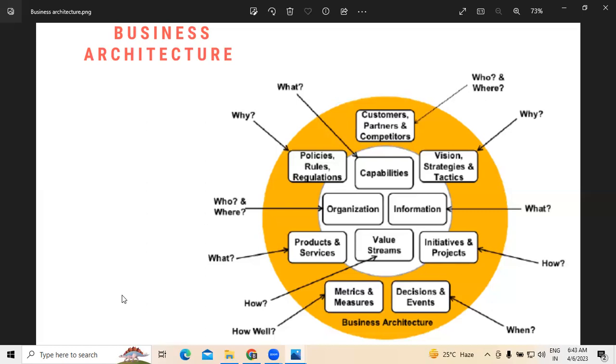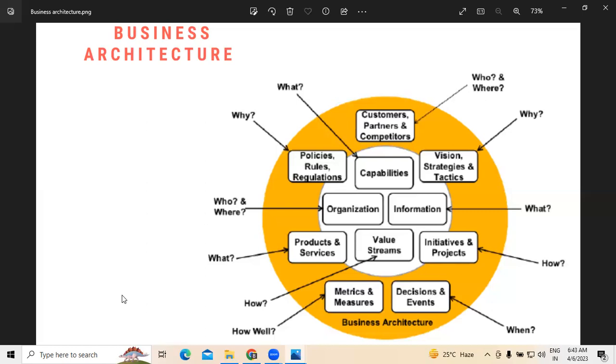The reason why, being a business analyst, this sort of knowledge and understanding of business architecture is beneficial to you is when we are assessing capability gaps, all that stuff. Because business architecture gives a clear idea for you. Of course, data, systems, applications, that is taken care of by technical people, the development team, all that.